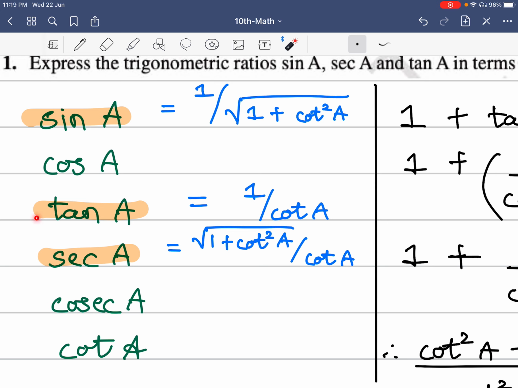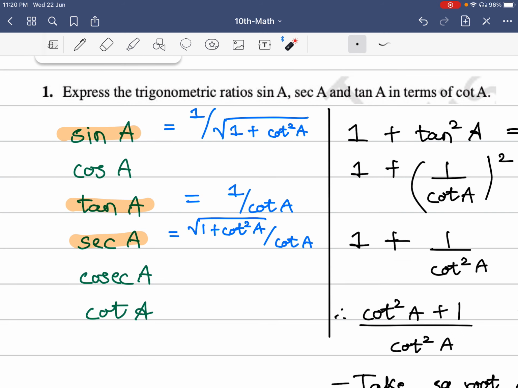We are trying to express all the other 5 trigonometric ratios in terms of cot A. So, since sin A, tan A, and sec A can be expressed in cot A, even cos A can be expressed in terms of cot A, because cos A is in fact 1 upon sec A. And cosec A is 1 upon sin A, so even that can be expressed in terms of cot A. So, this is an important property of trigonometric ratios, that any 5 trigonometric ratios can be expressed in terms of the 6th trigonometric ratio. So, that's what this question is all about.